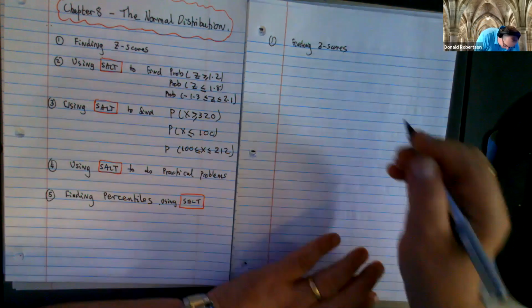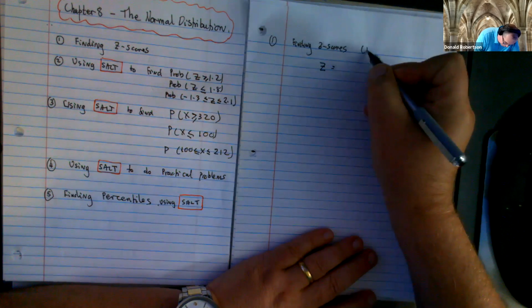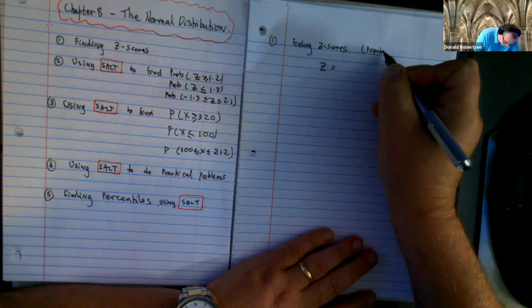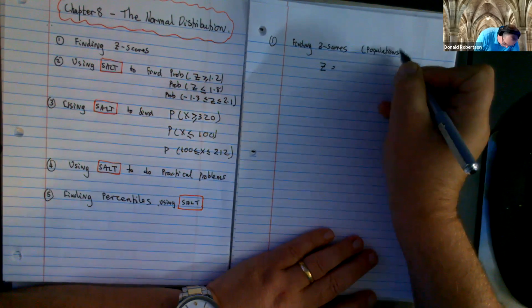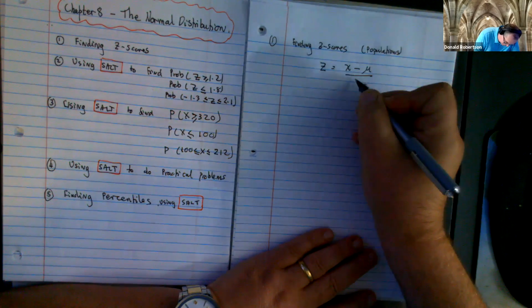Now, the formula for z-scores, since we are looking at populations, is data, take away the mean, divided by the standard deviation.